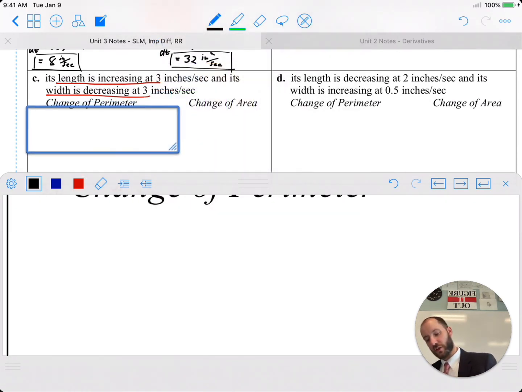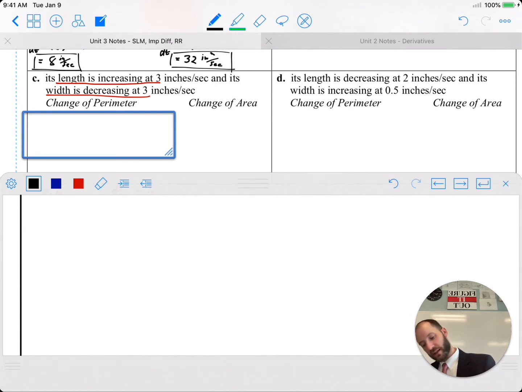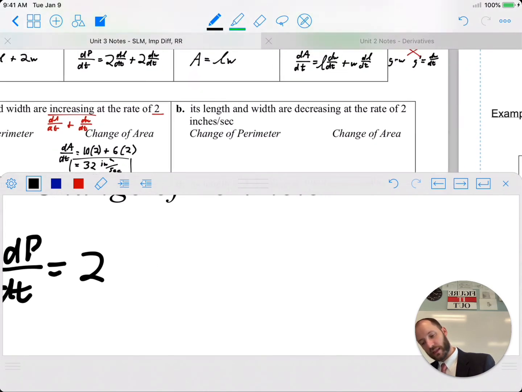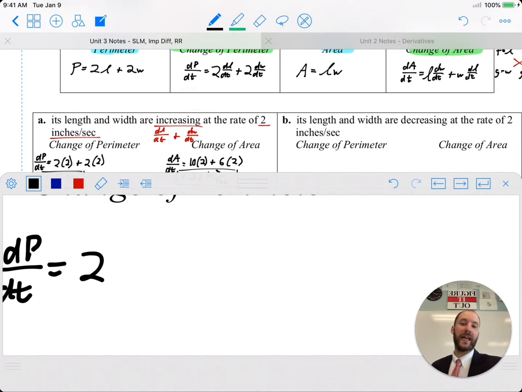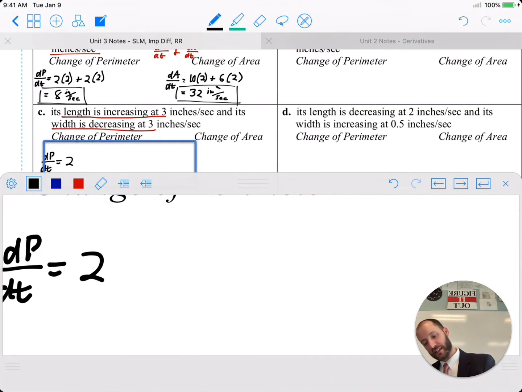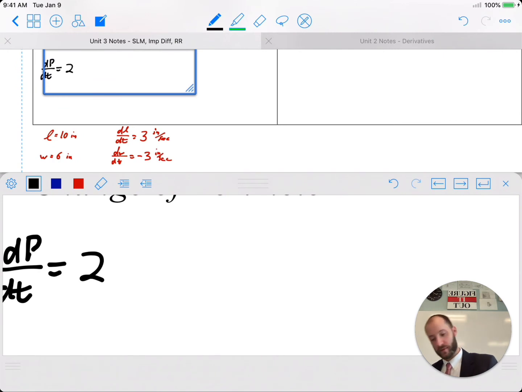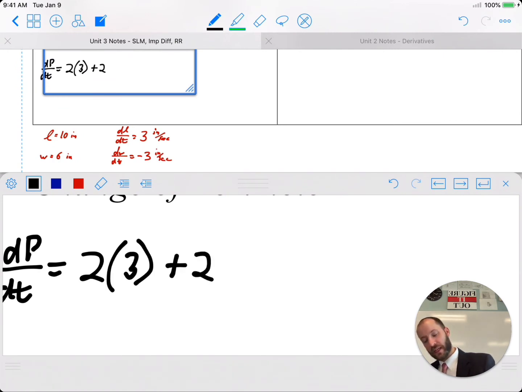So let's look at those two formulas again. Same situation, but different rates of change. Let's look at that. So it's 2 dL/dt for dP/dt. dP/dt equals 2 dL/dt. So dL/dt is down here 3, plus 2 dW/dt. dW/dt is negative 3.